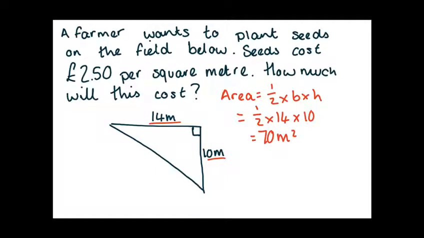But we're not finished here because we need to find our cost. So it costs £2.50 per square metre. Then we're going to need to multiply £2.50 or 2.5 by the number of square metres, so by 70. So we're going to say cost equals 2.5 times 70, which is £175.